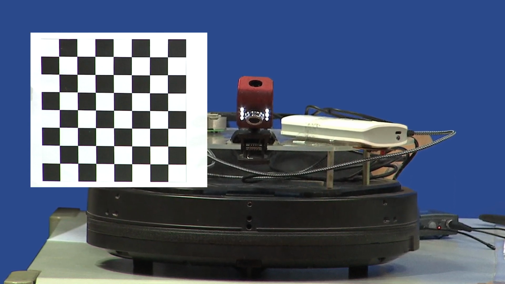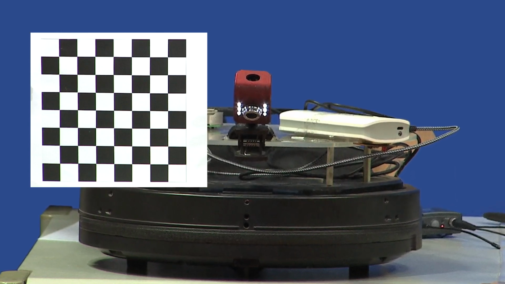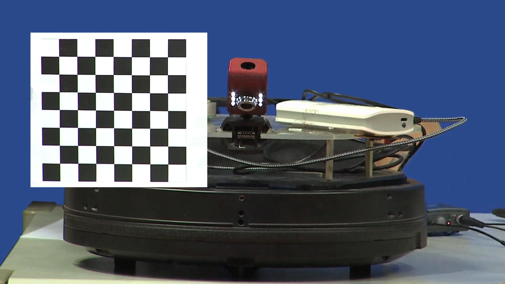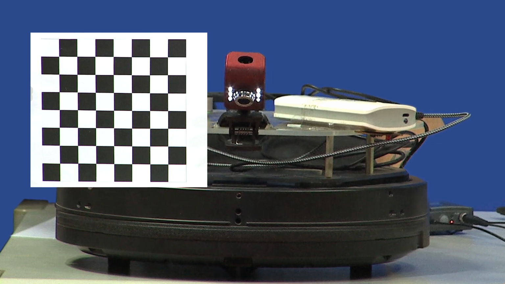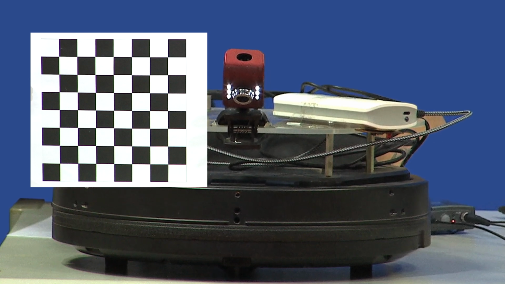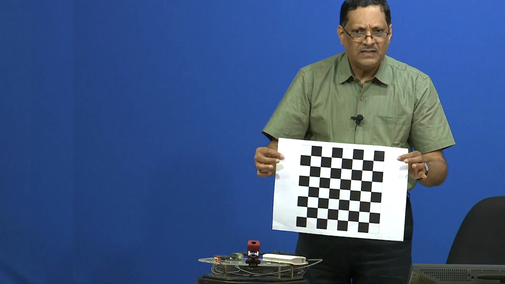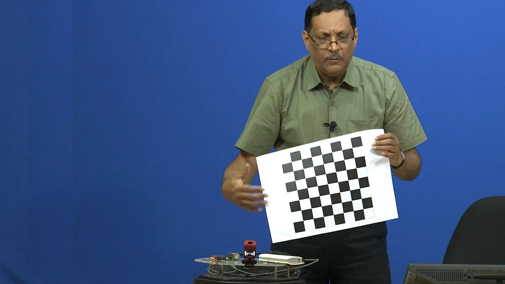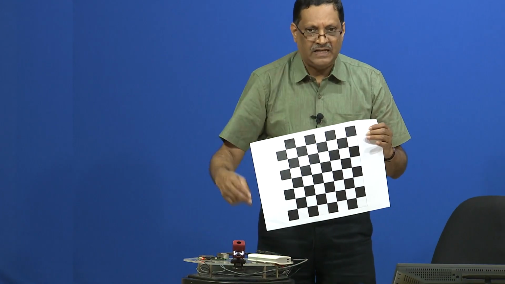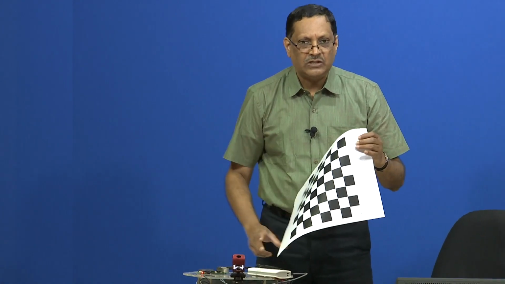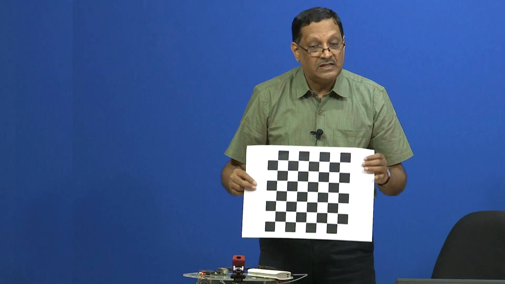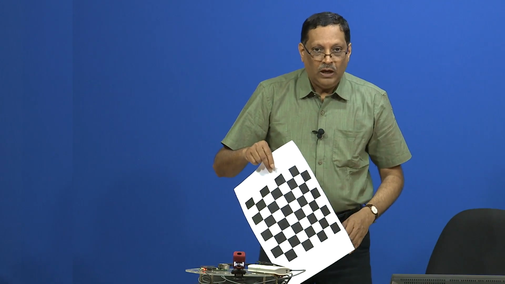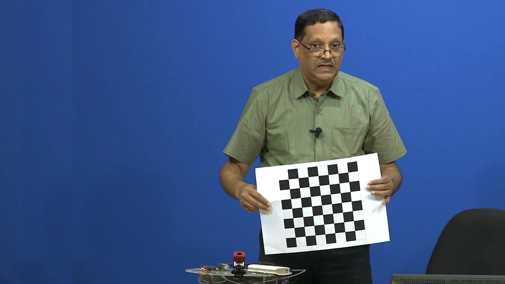This marker should be used to take care of several distortions that a camera can inherently have, okay. So, this is very important. Why does the camera have inherent distortions? Because you are talking about an optical system, there is a lens there, the lens introduces distortions and those distortions have to be corrected, and there are steps which you have to follow before you actually start using the sensor.